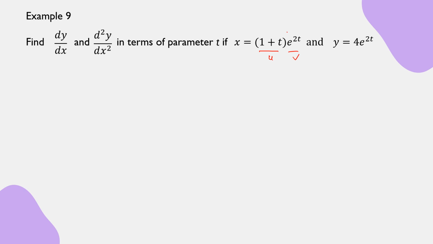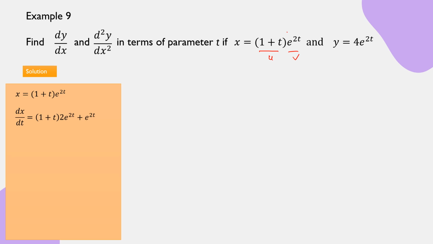To find dx/dt, we use the product rule: u v prime plus u prime v.